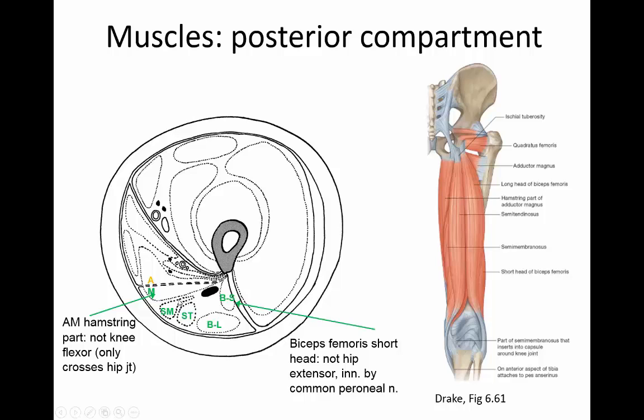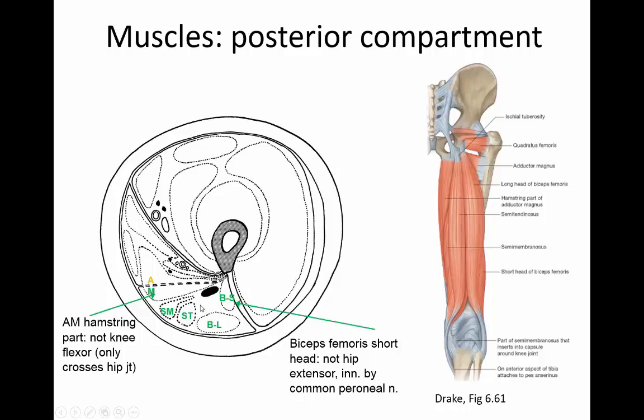Most medially in the posterior compartment, we have semimembranosus, membranosus being most medial, and semitendinosus. Semitendinosus is on top, so it's a little bit superficial if you have the opportunity to see on a cadaver specimen.